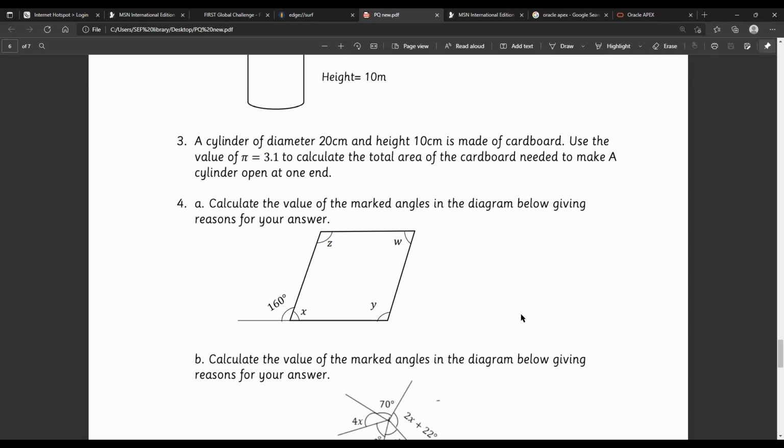So we can see the diagram there, and we are going to be looking for the values of W, X, Y, and Z. So let's go to our whiteboard marker so that we can solve that particular question. We are going to draw the diagram first.